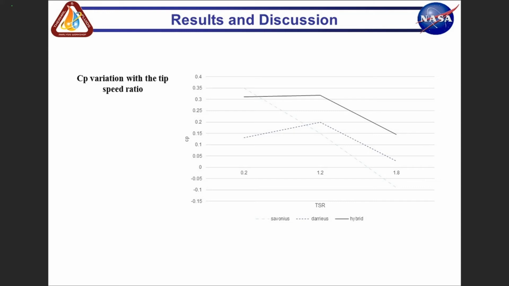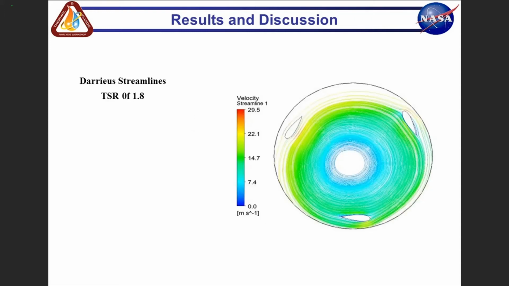But we can also see that the Darrieus rotor has the lowest Cp at low tip speed ratio, as it depends on the lift force. Also, the hybrid turbine's drag type blade can self-start at a very low tip speed ratio. The hybrid turbine performed better than the individual Savonius and Darrieus turbines.